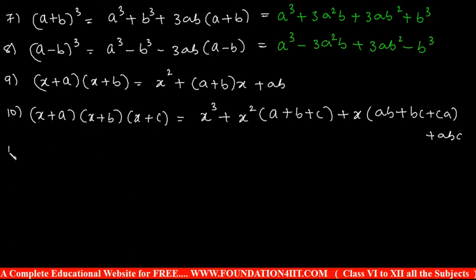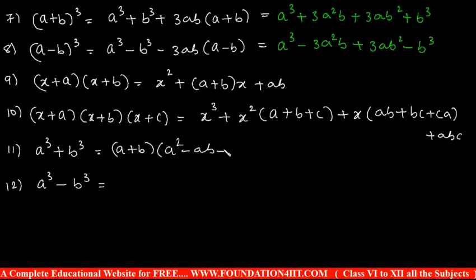Now let us see more cube formulas: a cube plus b cube, and a cube minus b cube. See the difference between both. A cube plus b cube is a plus b, the same sign will come, in the bracket a square minus ab plus b square.